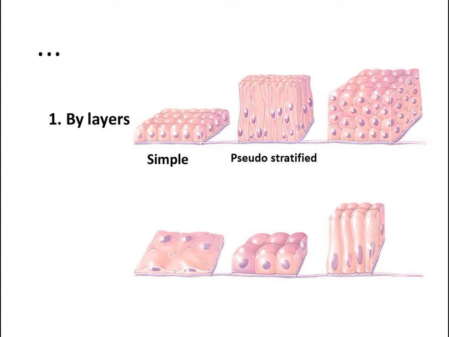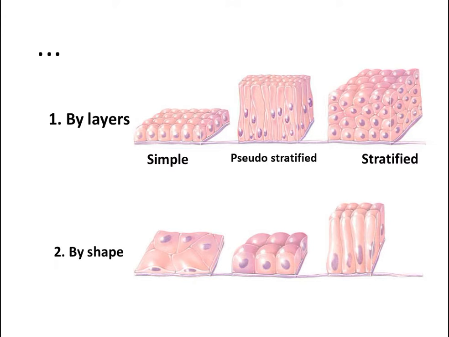It only has one layer, but it appears as if it is stratified. If you look closely, it is the pseudo-stratified columnar, meaning it only has one layer and it is taller than wide. The last one is the stratified, which contains more than one layer of cells.